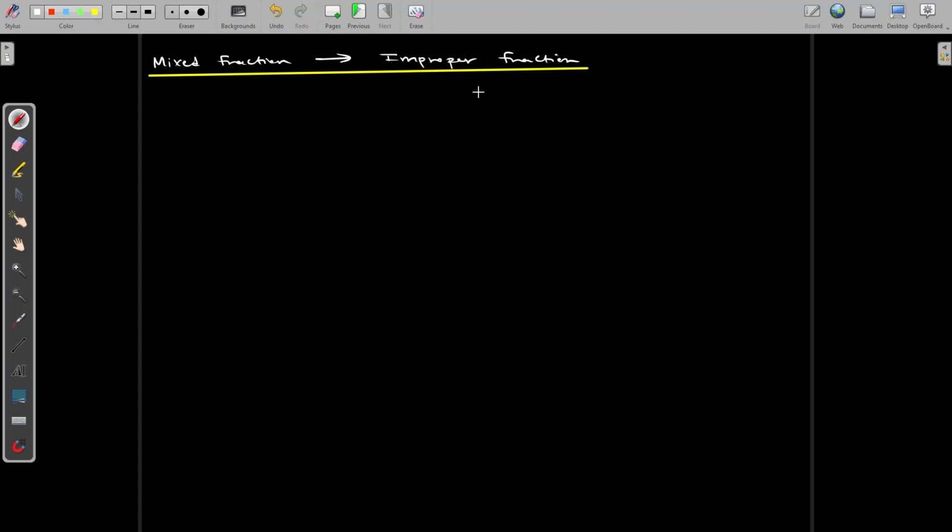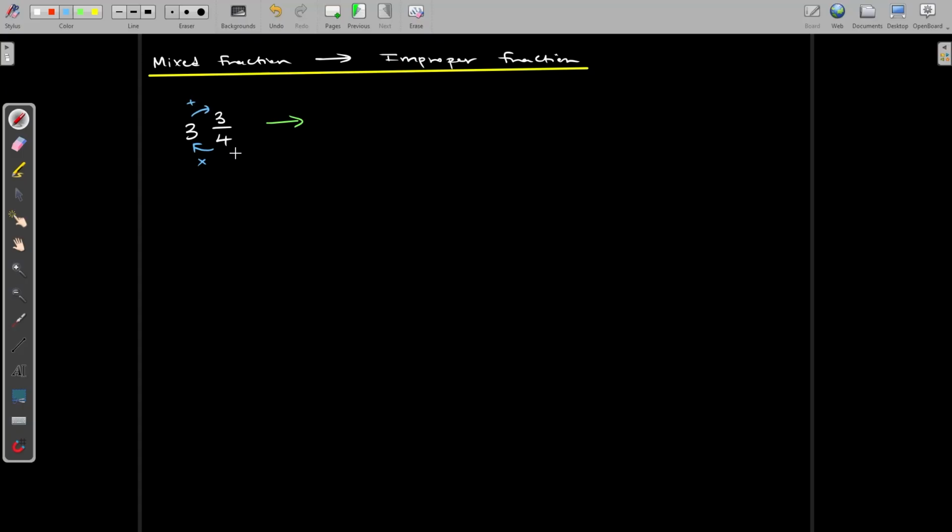Alright, so going from a mixed to an improper fraction. So let's say we had 3 and 3 over 4. And we wanted to convert this to an improper fraction. What would we do? We multiply the whole number, which is a 3, by the denominator 4, and then you add that value that you get with the numerator, which is 3.